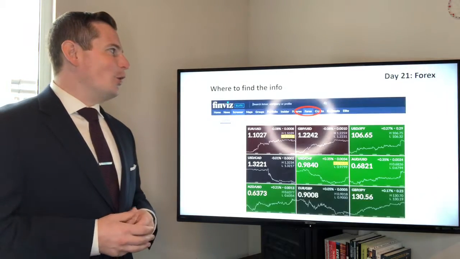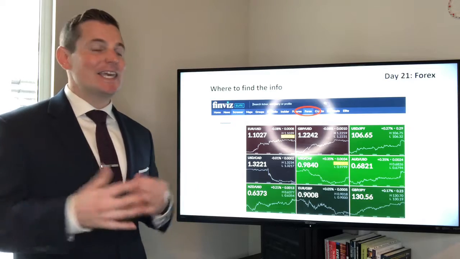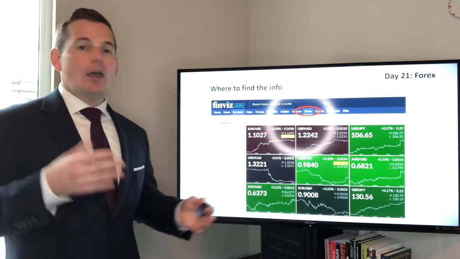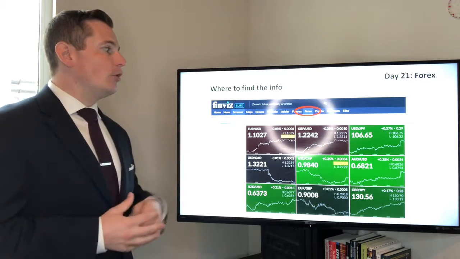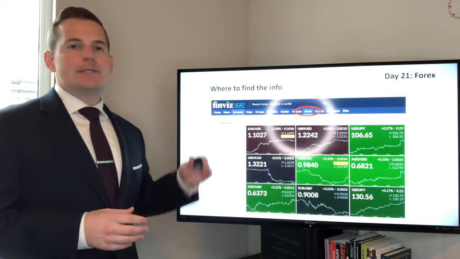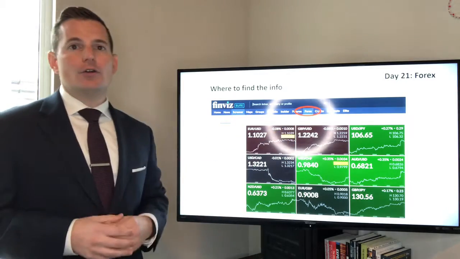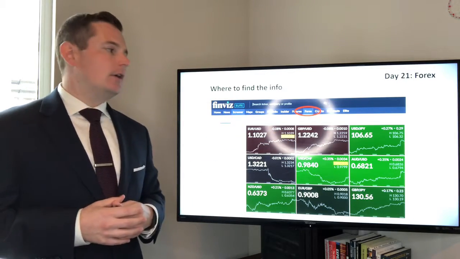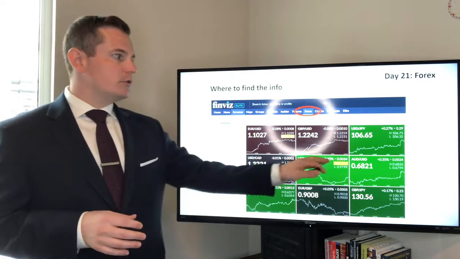And so where can I find this information, right? Where can I easily pull up and see all the relationships between these currencies? And you can do it on FinViz, okay? So if you go to FinViz's main page, there is a tab there called Forex. And if you click on that tab, you're going to see these quotes right here.